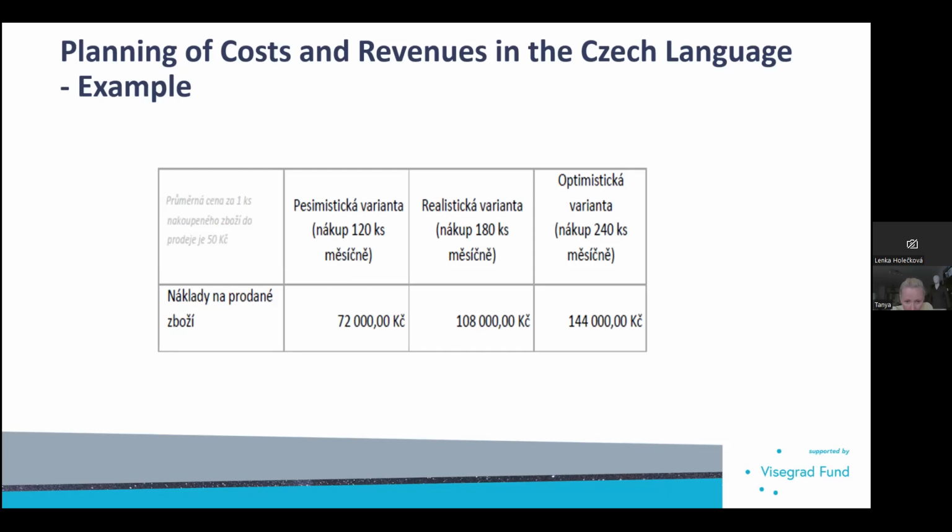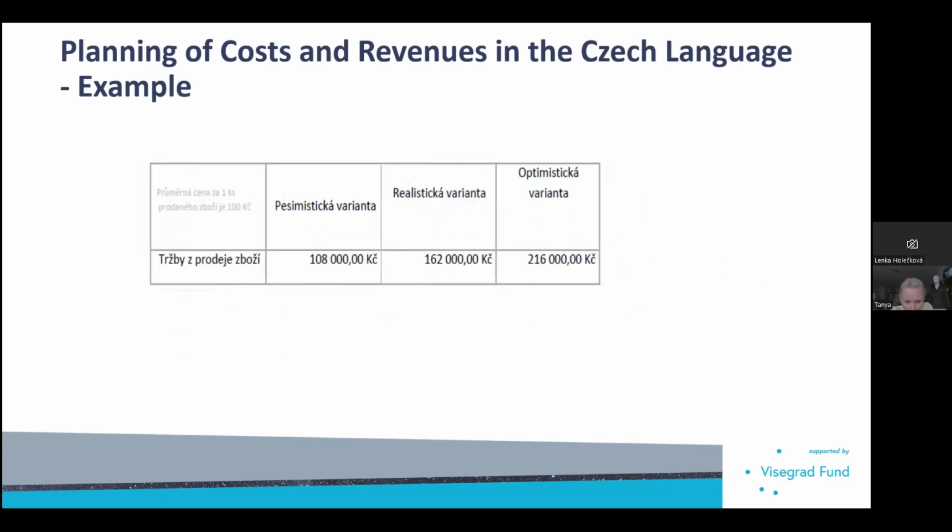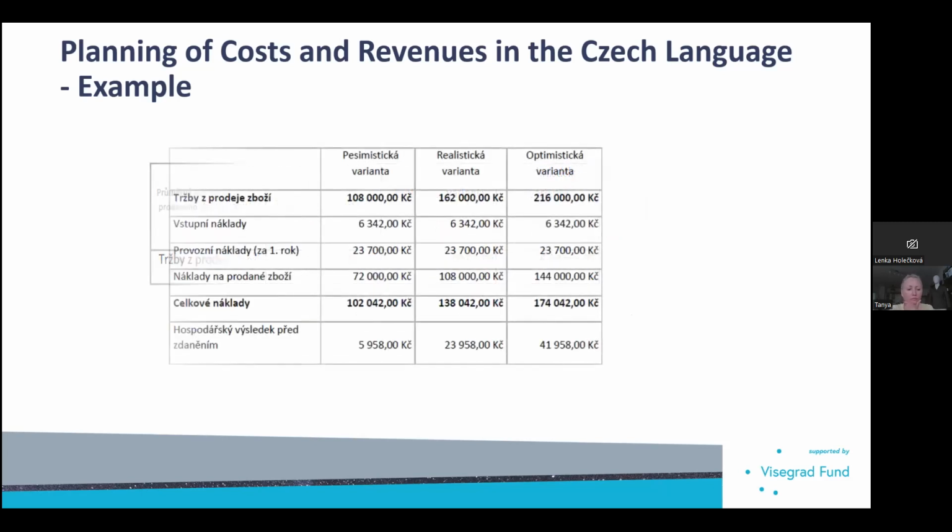And regarding our costs, now we can focus more on our revenues. It's the same: pessimistic, realistic, and optimistic scenario regarding our revenues. And we can put costs and revenues together in one table. The last line is called hospodářský výsledek.